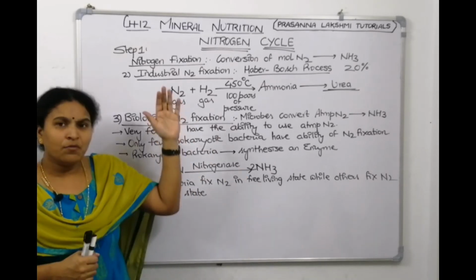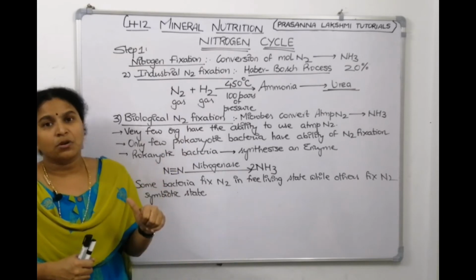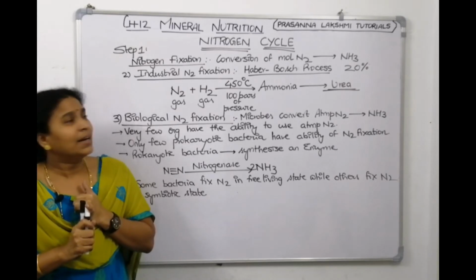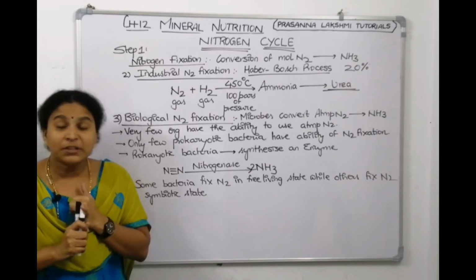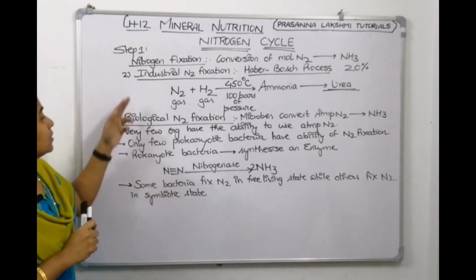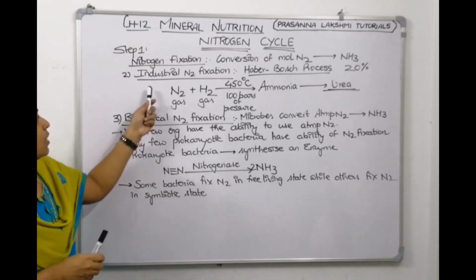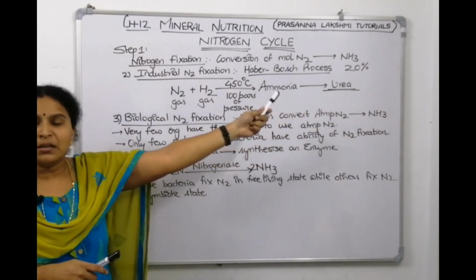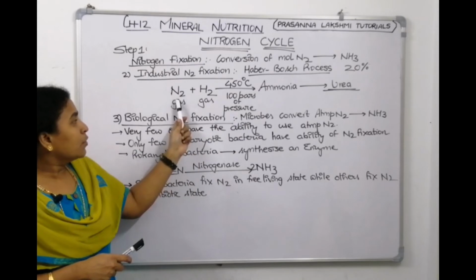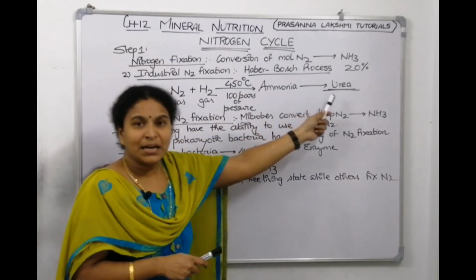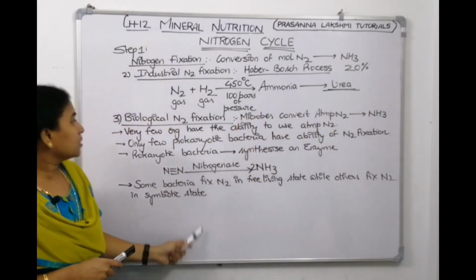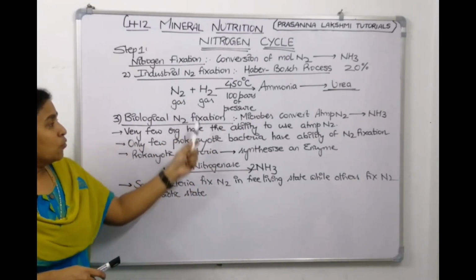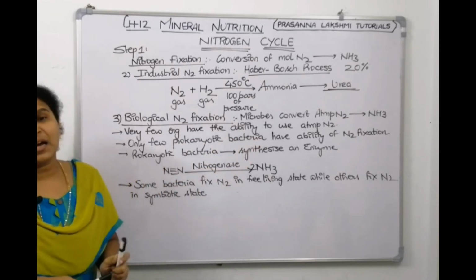Understood, children? Let us see what we wrote on the board. In the previous board, we talked about the first process of nitrogen fixation, electrical nitrogen fixation, which accounts for 10%. The second type is industrial nitrogen fixation, accounting for 20%, which happens inside chemical factories, where they reduce nitrogen gas into ammonia and urea. The third process is biological nitrogen fixation. Microorganisms are involved here.